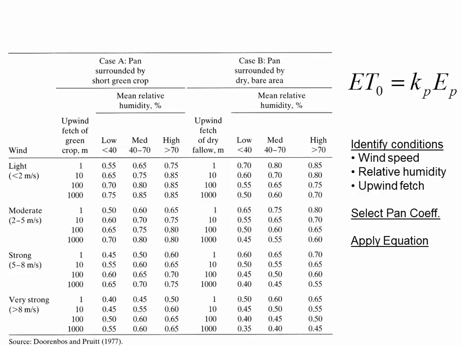It's coming up from the grass so that when the wind finally gets to the pan, it may be that the air packet that's above the pan, the air is saturated with moisture.